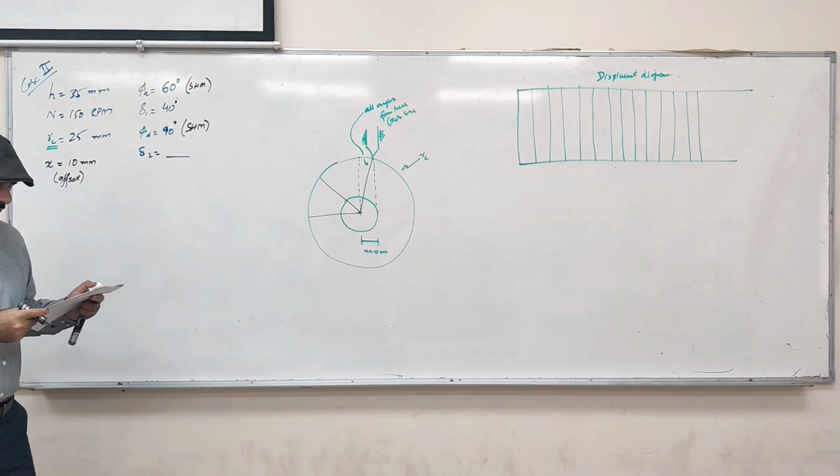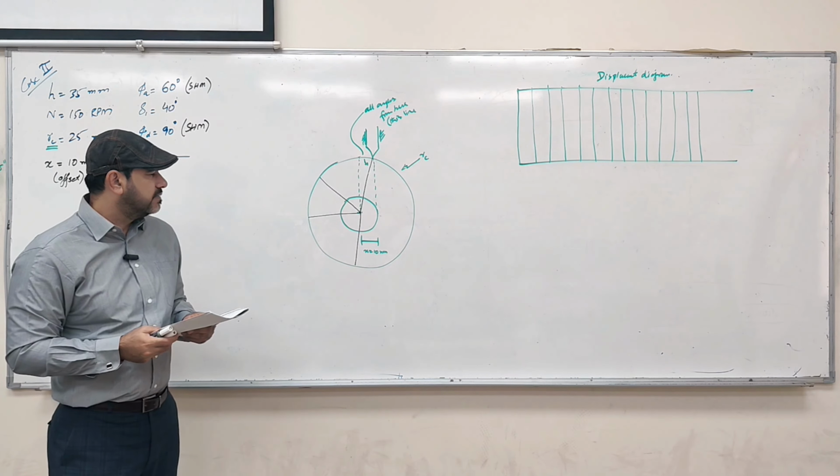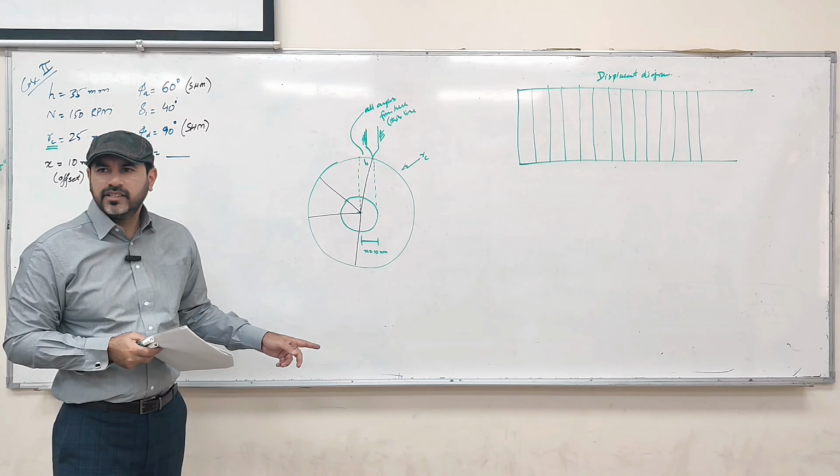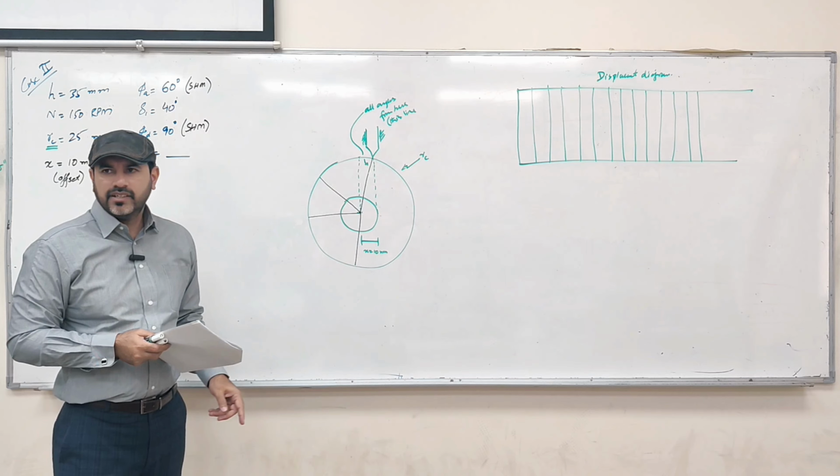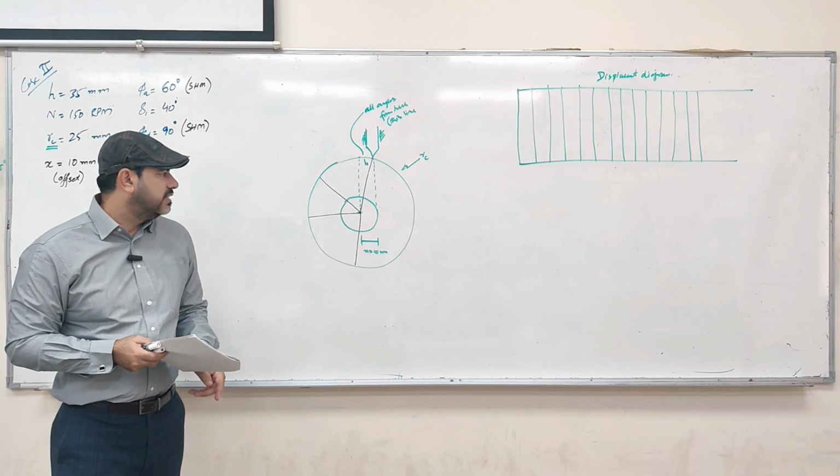And then the rest is the remaining angle. All the lines should be like this. Why the 90? Because it's 90 from here. I'm drawing it without any device, so it will roughly look like this. When you draw it, it will be somewhere over here. Understandable?